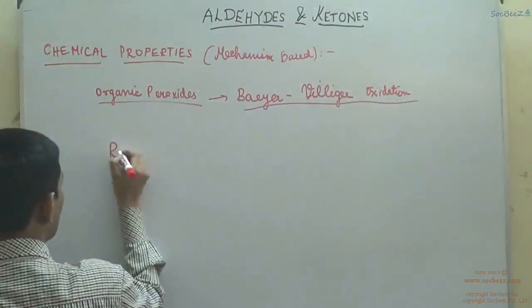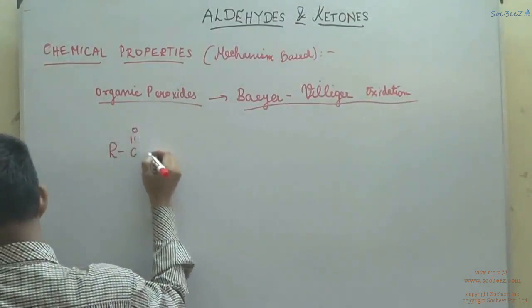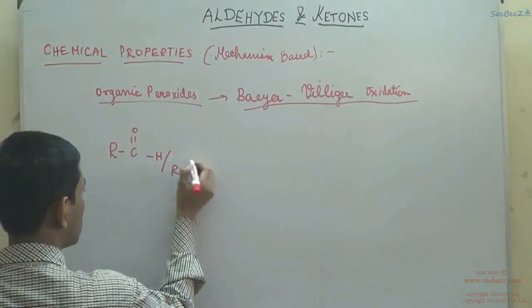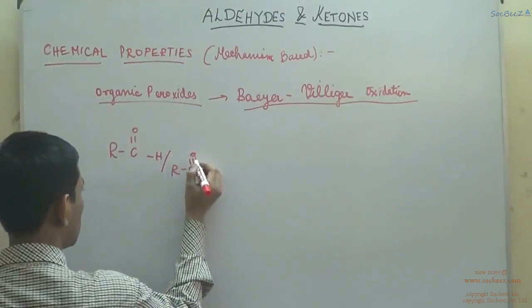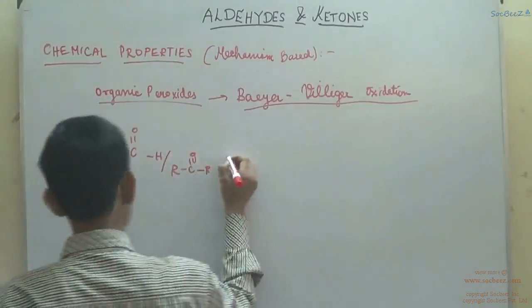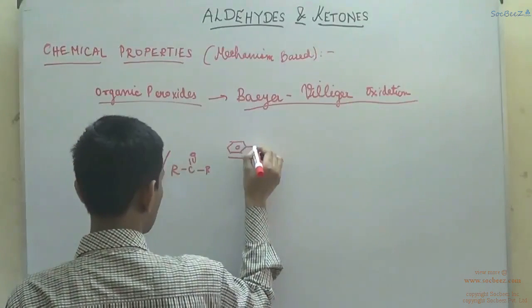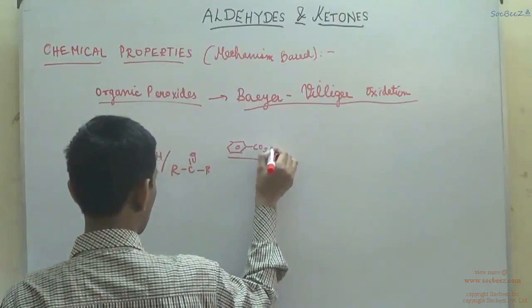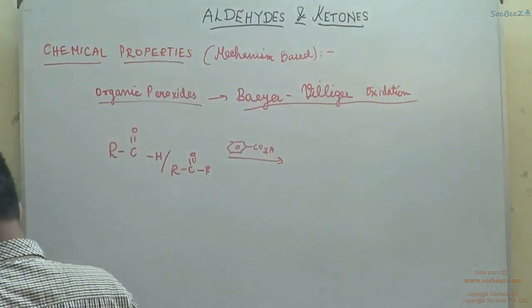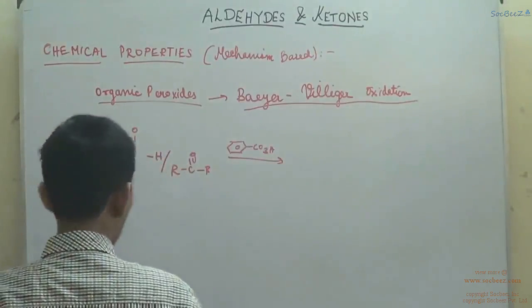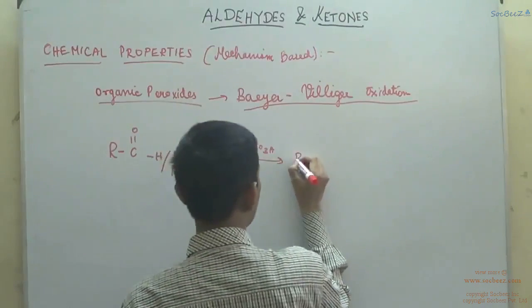What happens? You take an aldehyde or a ketone and treat it with organic peracids. This is an organic peracid. And what will you get if you take an aldehyde?